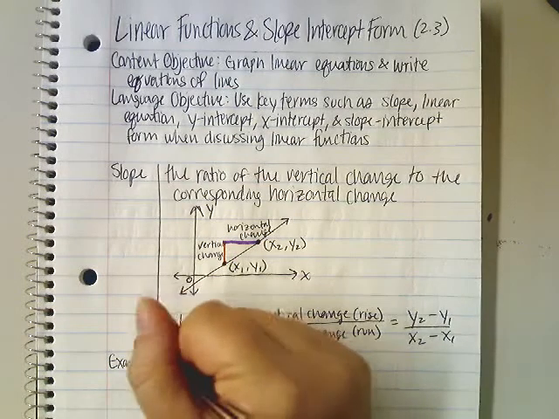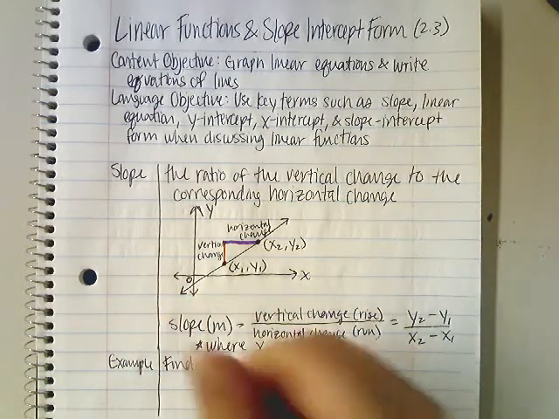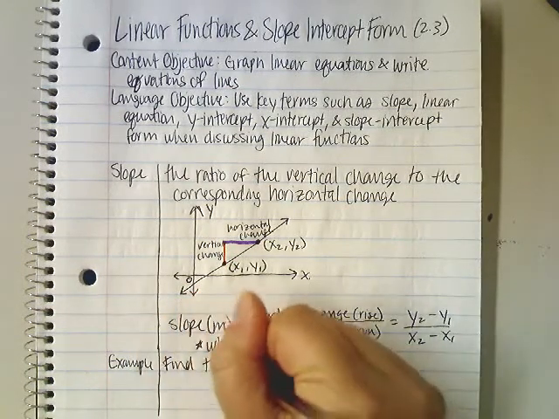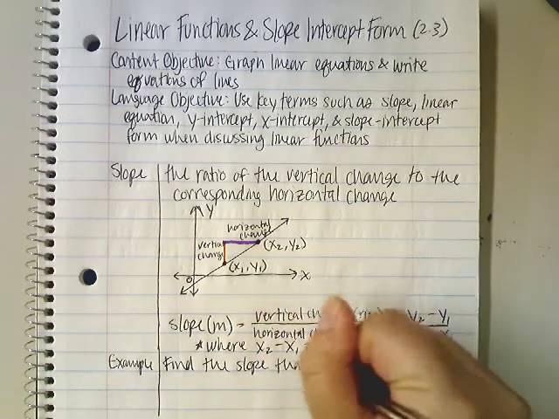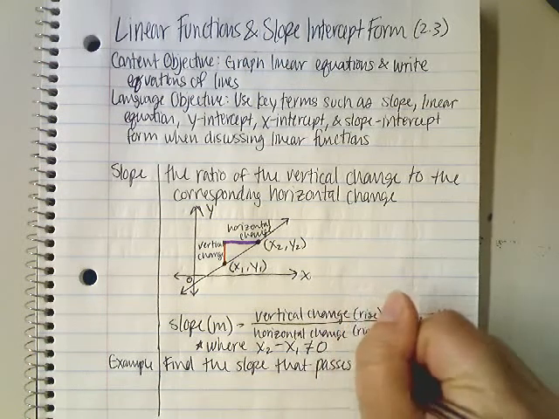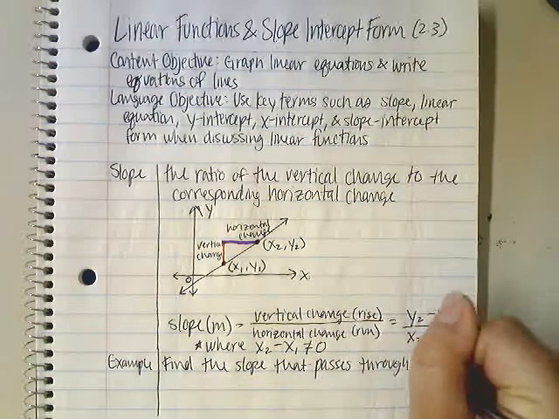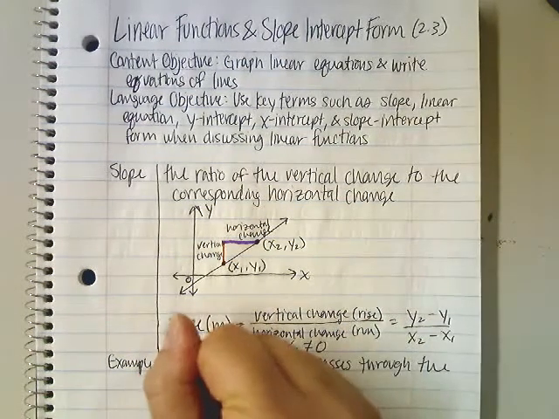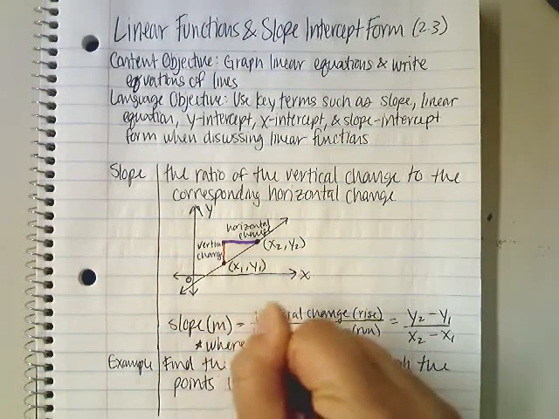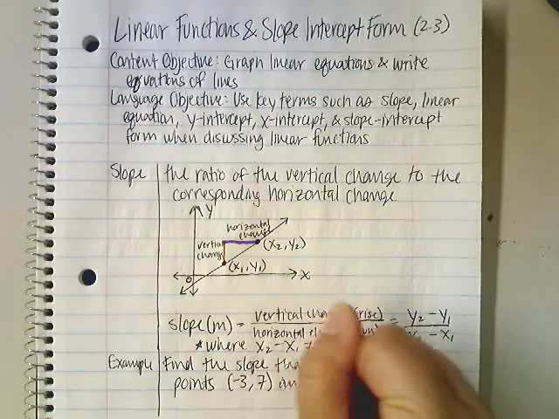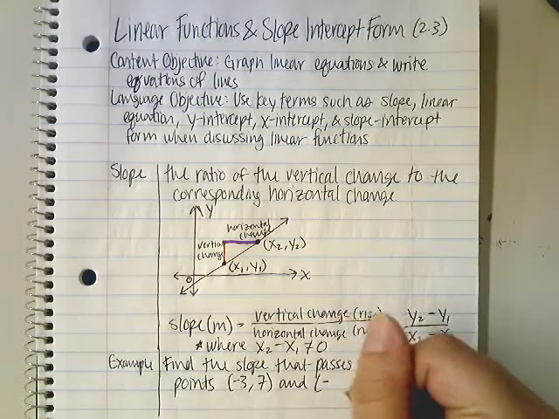Let's find the slope of the line that passes through the points (-3, 7) and (-2, 4).